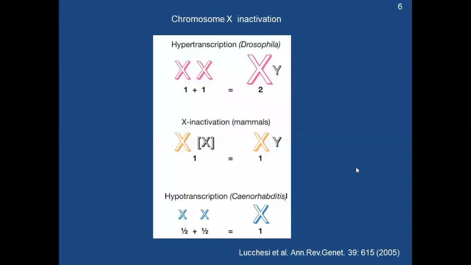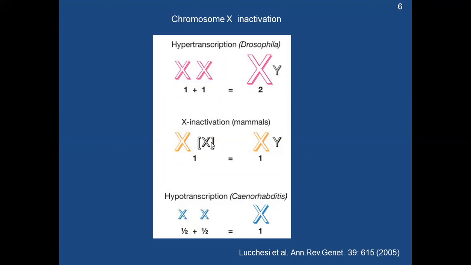So what is X chromosome inactivation? You might know this already very well. In mammals, we have two X chromosomes in females and one in males, and we inactivate, in other words, silence one of the X chromosomes, and this is primarily because of concerns about dosage.